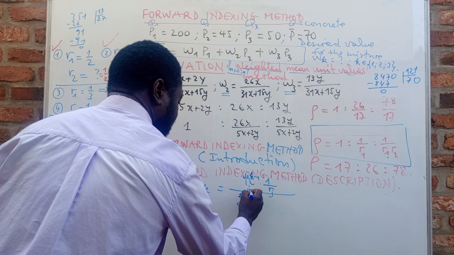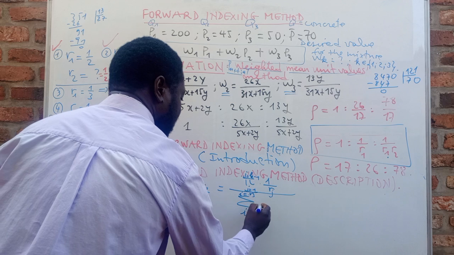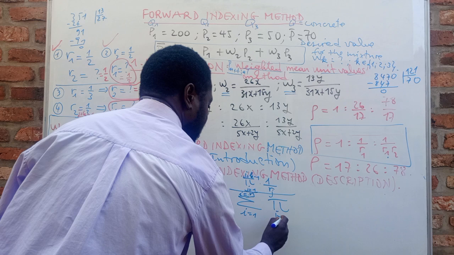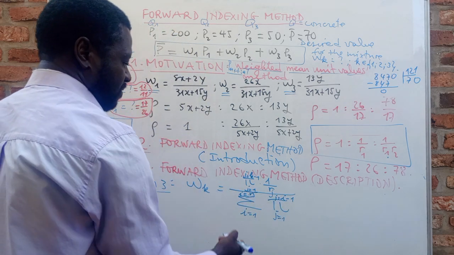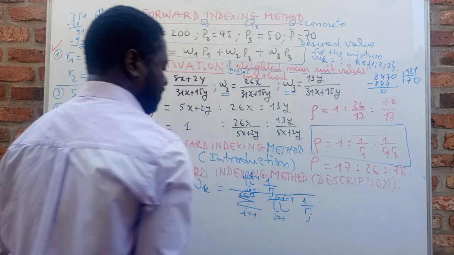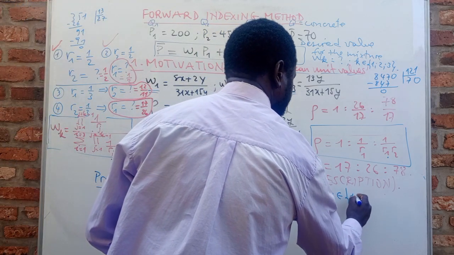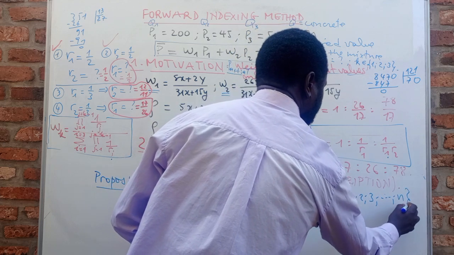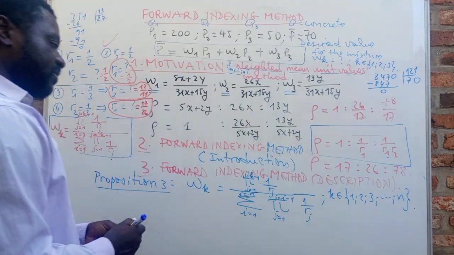So then we have the sum from i equal to 1 until i equal to n of the product from j equal to 1 until j equal to i minus 1, of the reciprocals of the ratios. So for indexing k running from 1, 2, 3 until n, for any finite indexing n, a positive integer value.